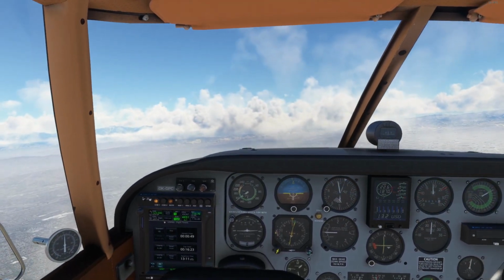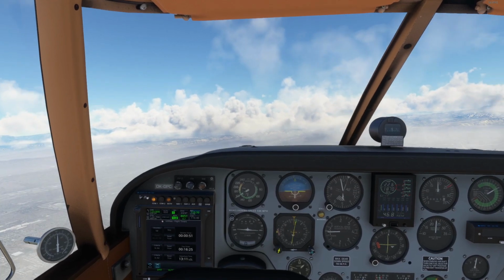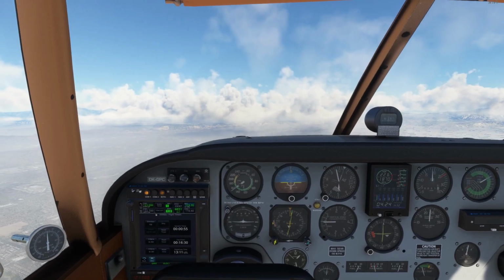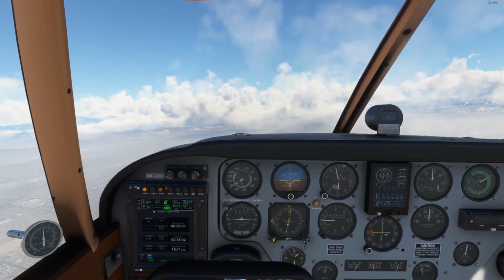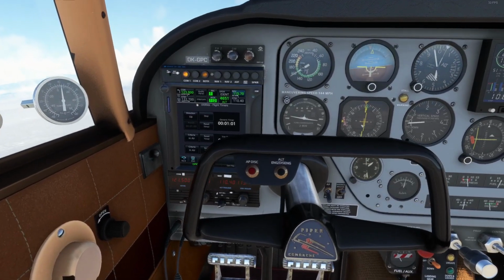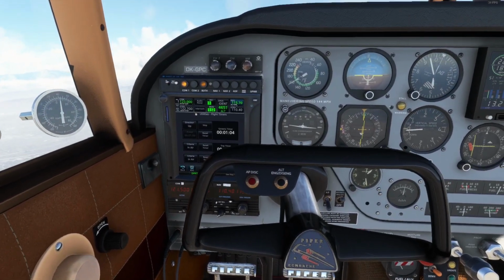Right, so now I will switch my secondary navigation radio to the other one, 110.4.